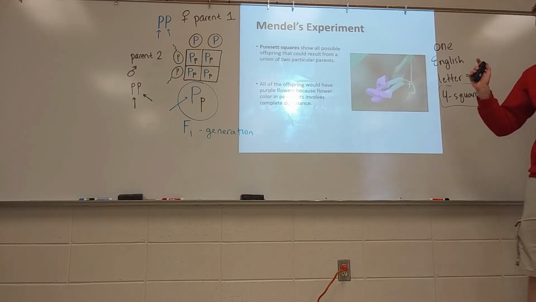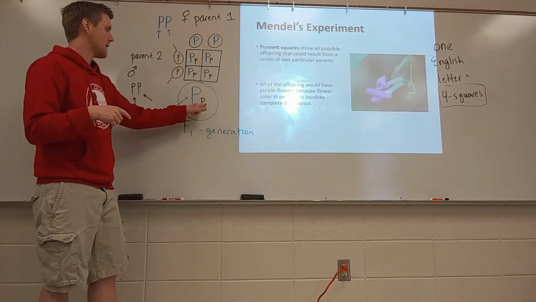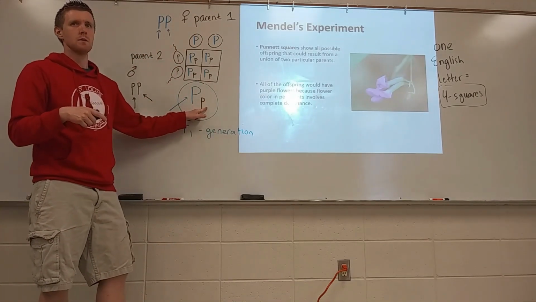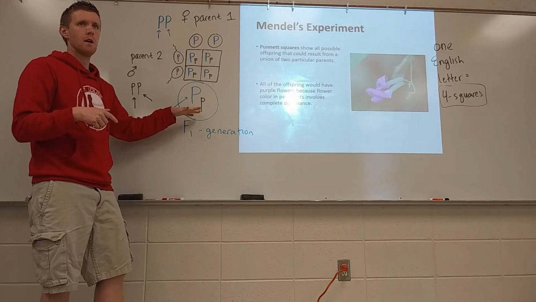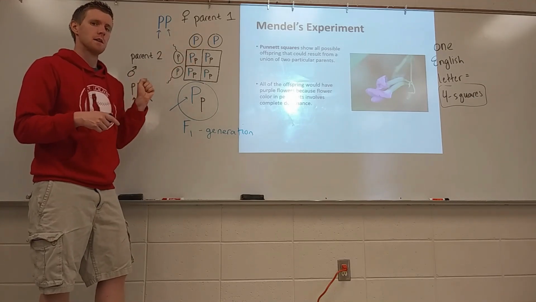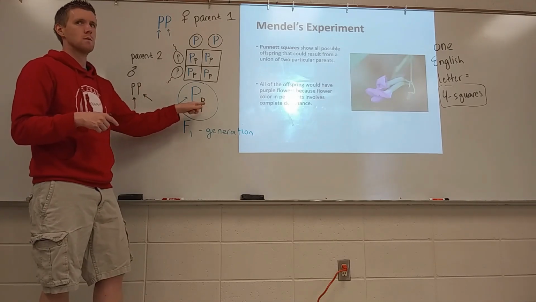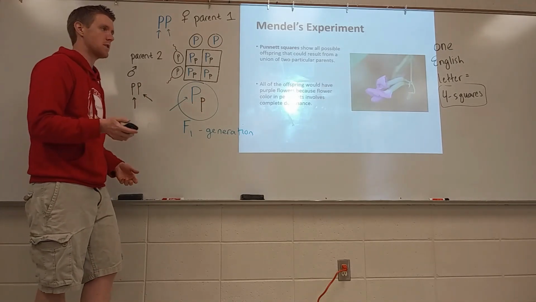So, all of them are purple. But notice that the white allele was hidden. It was masked. It was still there. You just didn't see it. That's why the blending hypothesis doesn't work. It didn't take into account the fact that these alleles were recessive and hidden for generations.